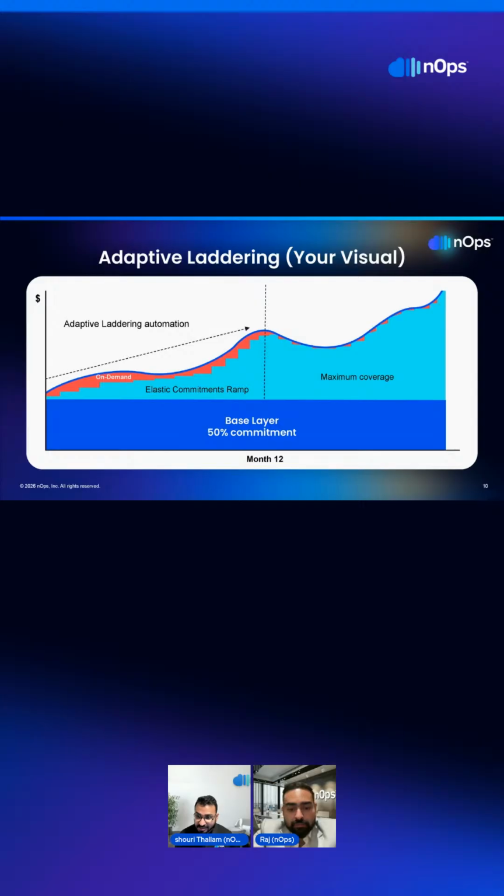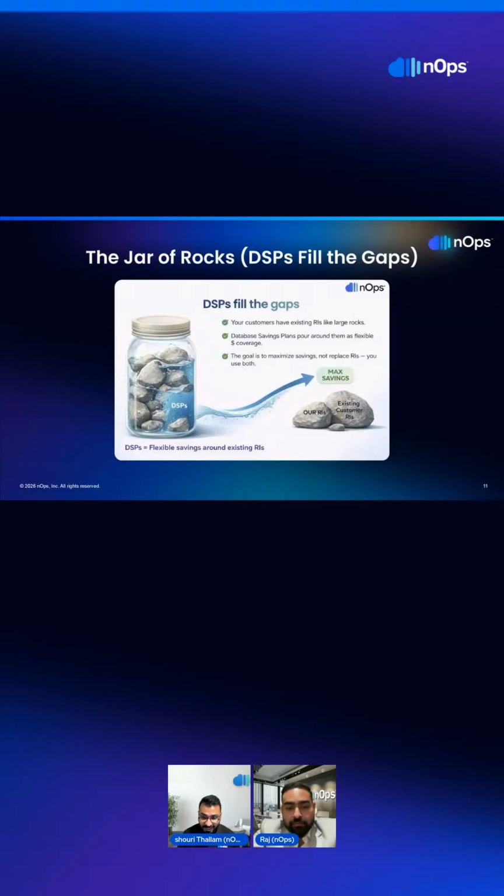And to make this an even better analogy, I have created this picture, and I love this visual because it clearly explains what you're looking for and what you want. Database savings plans fill the gaps. You first have a jar that you need to cover with commitments, and commitments work in this way, and AWS also works in this way.